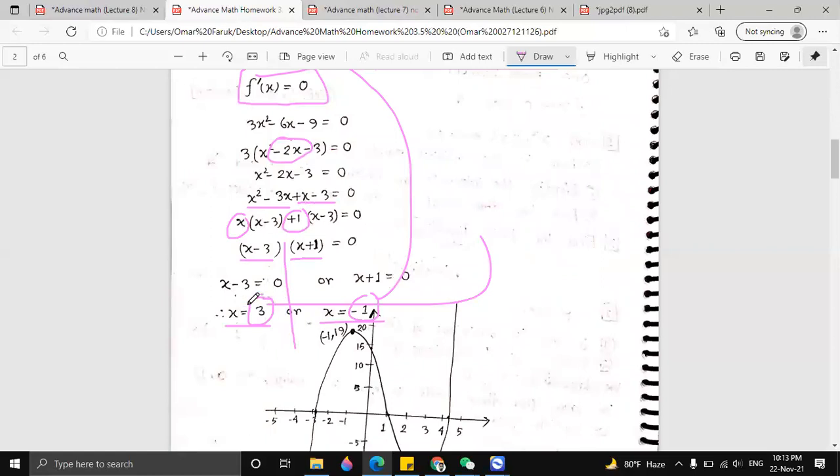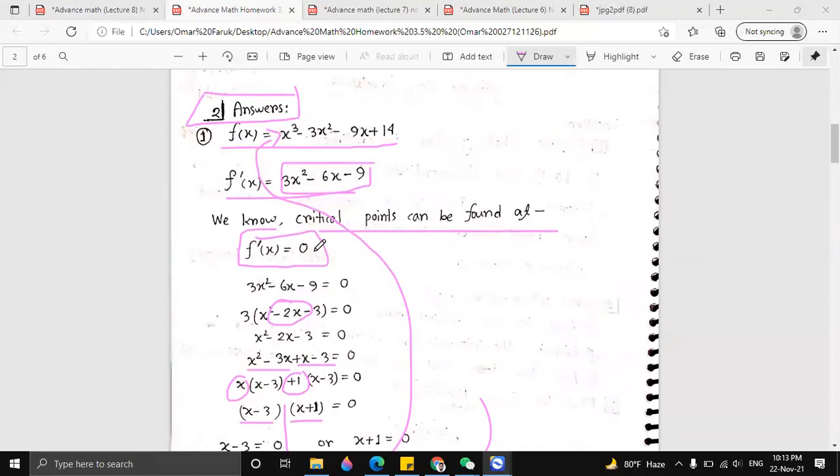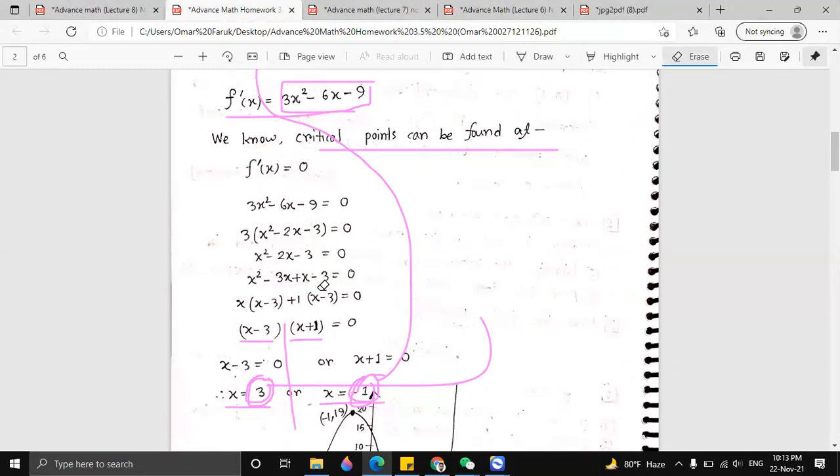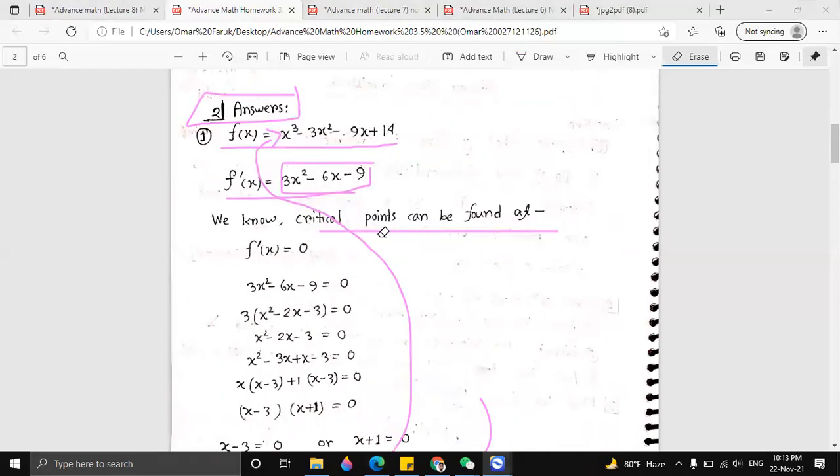One is 3 and another one is minus 1. So guys, can you see finding critical points is not a very difficult task, right? You just need to find the derivative, and write that the derivative of that function is 0. Julian, Farin, Rajiv, do you understand?